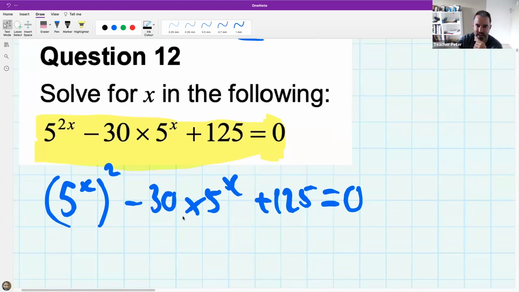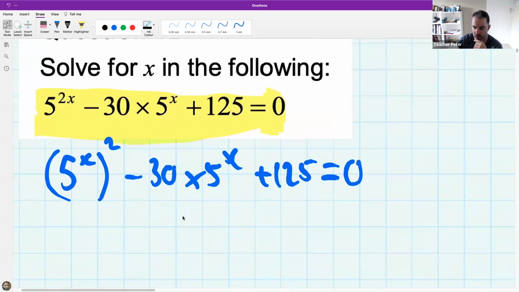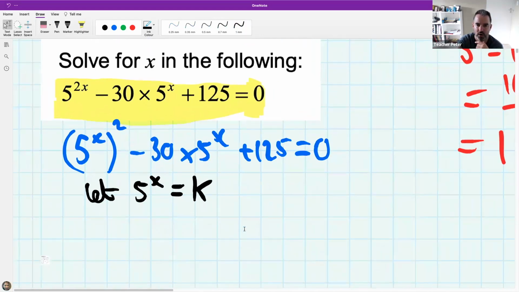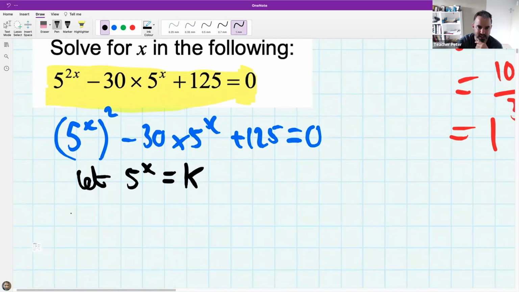The k method, yes. So we are going to say, let 5 to the x equal k. And now I want you to write out what you think the blue equation is going to be once I sub the k in. So I want you to write that down on a piece of paper.